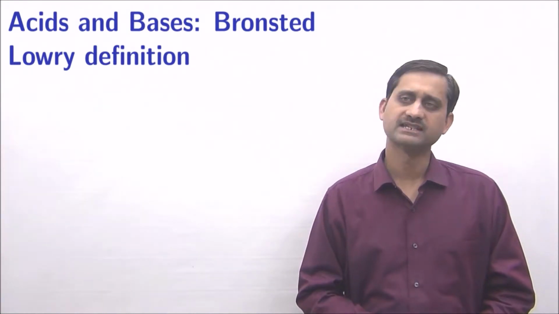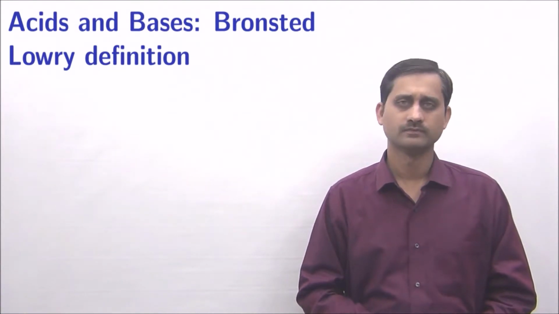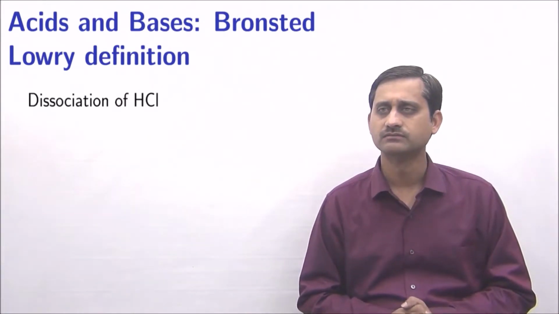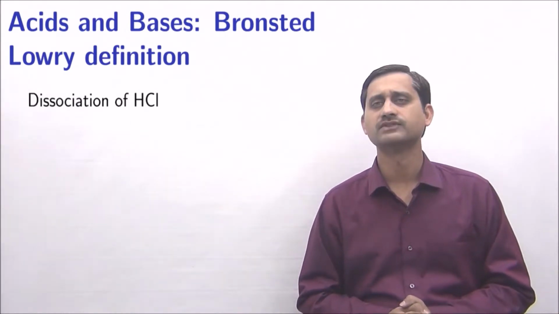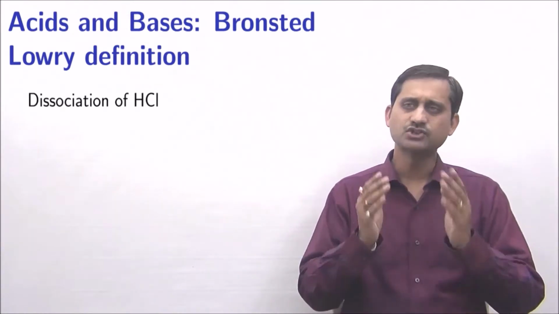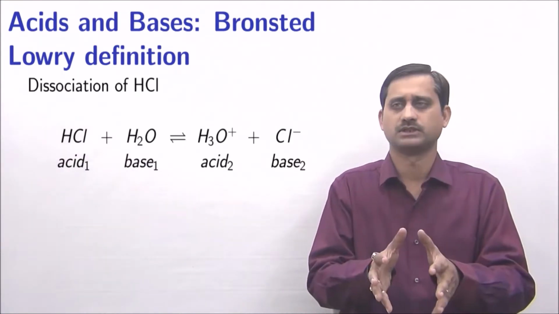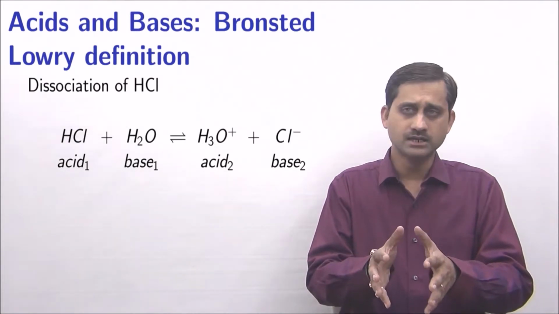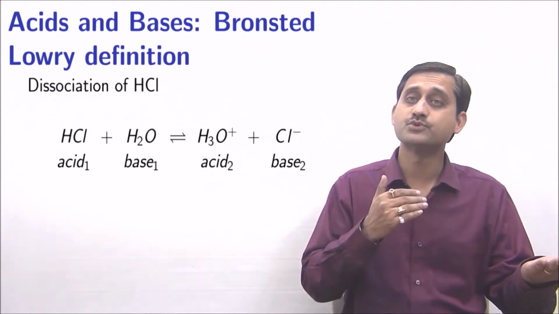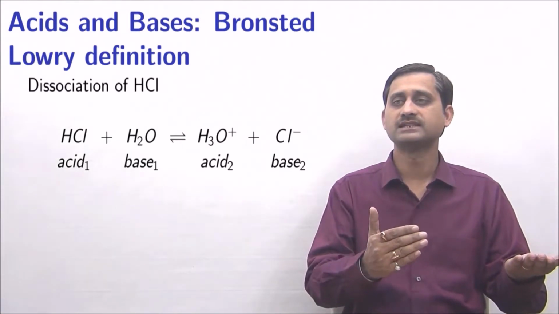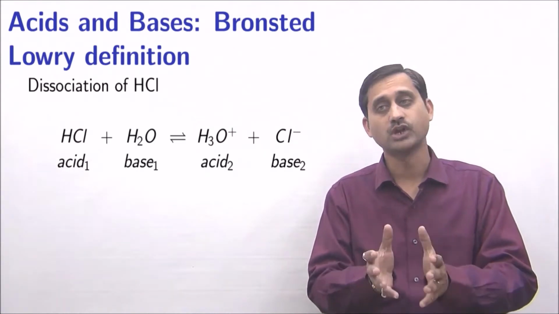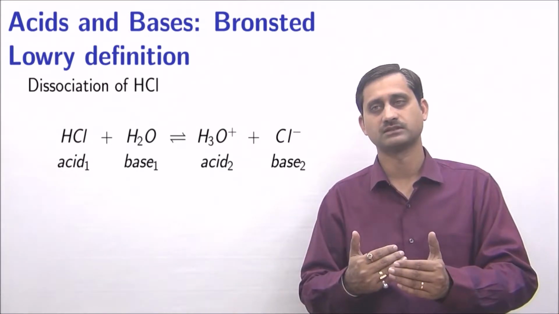Let's consider some examples. The first, dissociation of a strong acid, hydrochloric acid, hydrogen chloride. When HCl is added to water, it interacts with it. Here, on the left-hand side of the equation, being a strong proton donor, HCl releases H plus while H2O, water, accepts H plus.